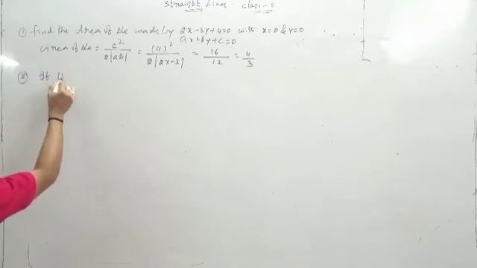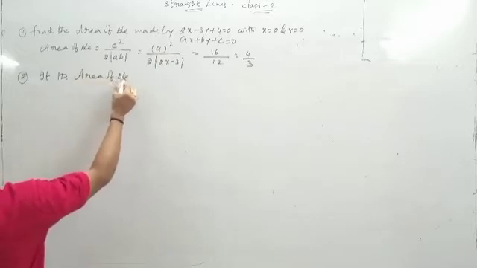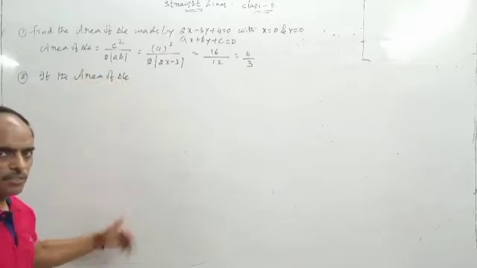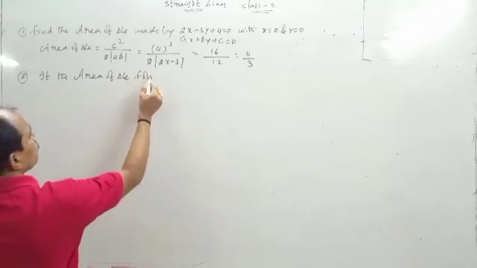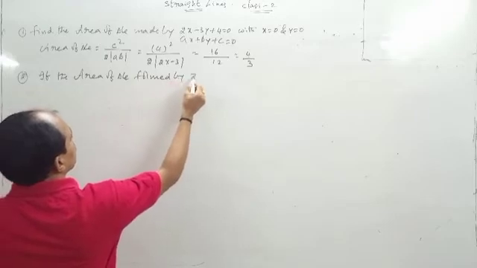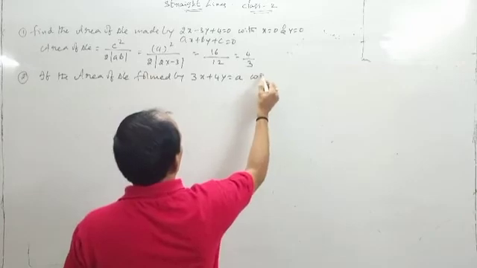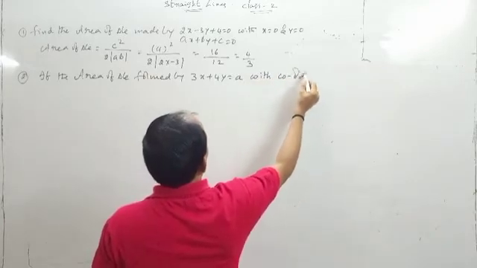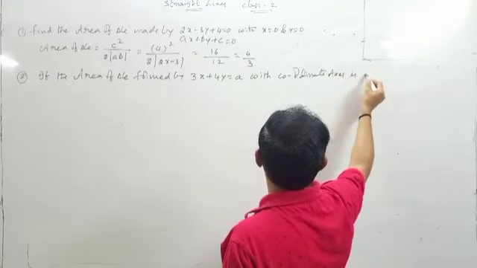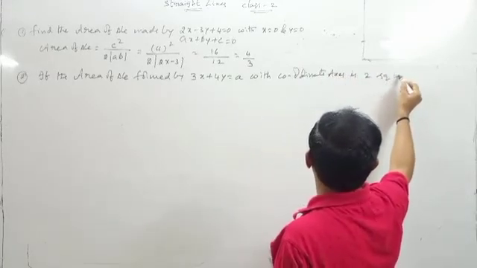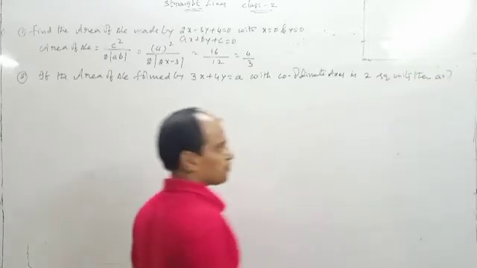If the area of the triangle, just listen. After that you can take a screenshot. If the area of the triangle formed by 3x plus 4y is equal to a with the coordinate axes is 2 square units, then a is equal to?